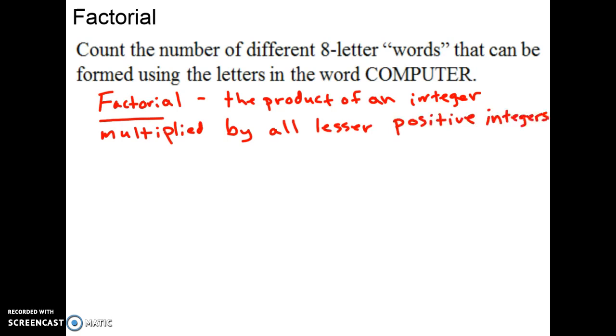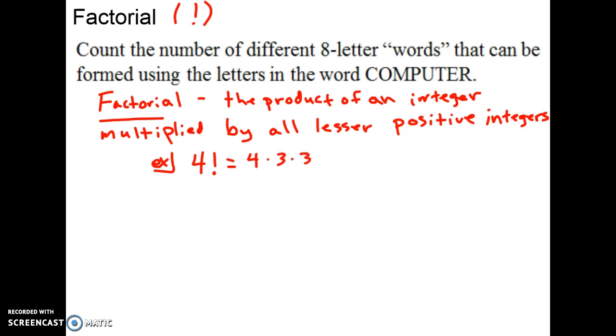Okay, so a quick example of a factorial would be 4 factorial, and we use the exclamation point as the symbol for a factorial. So 4 factorial would be taking 4 and then multiplying every positive integer less than that.